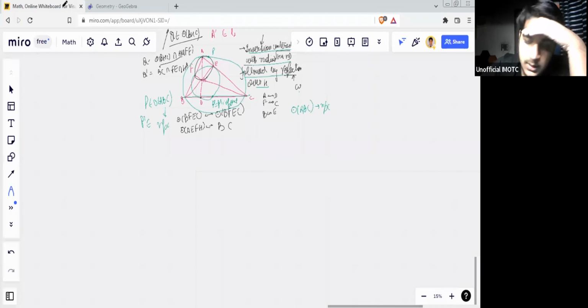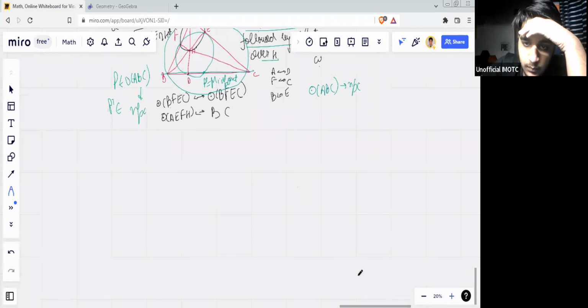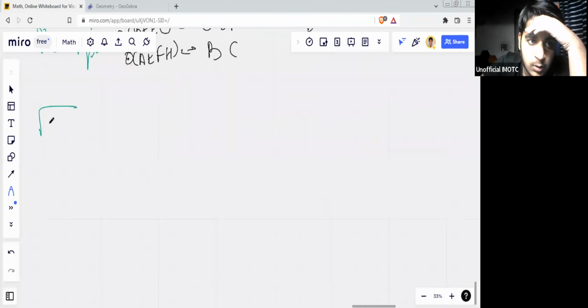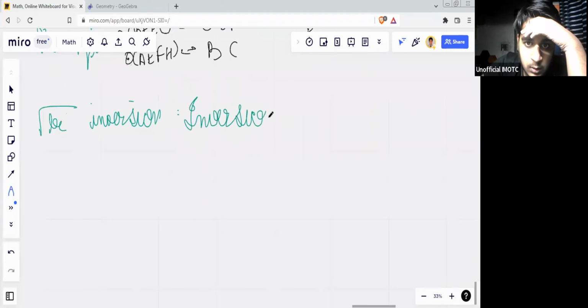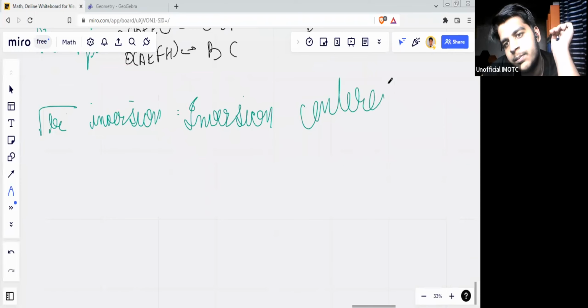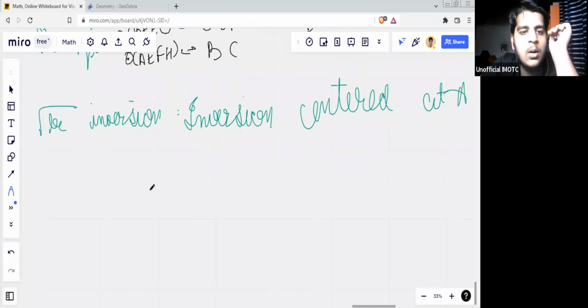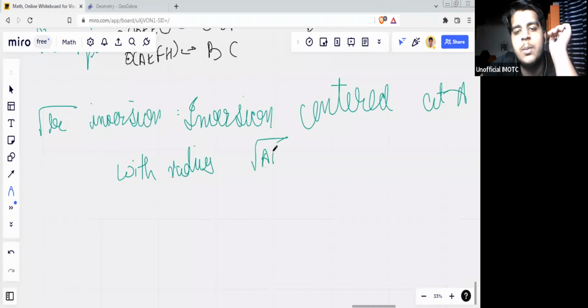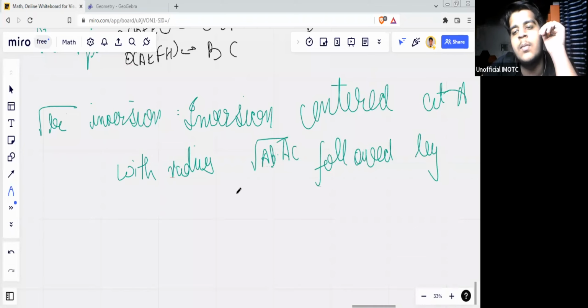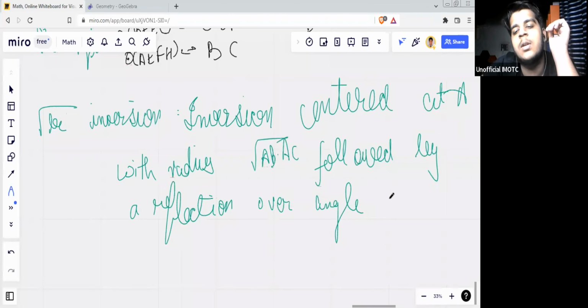Okay, so I'll first define the root BC inversion. Root BC inversion: inversion centered at A with radius root AB into AC, followed by a reflection over the angle bisector.